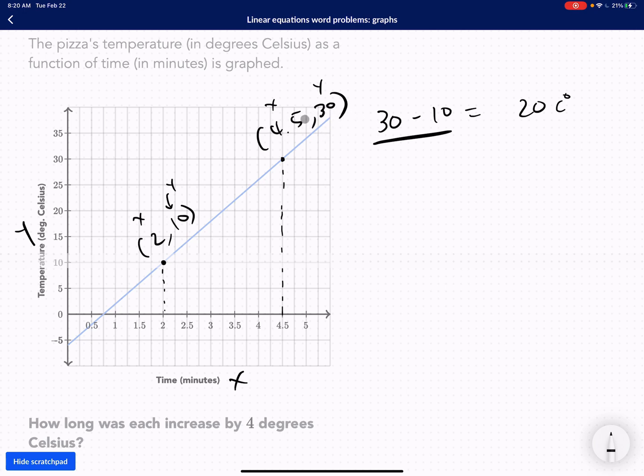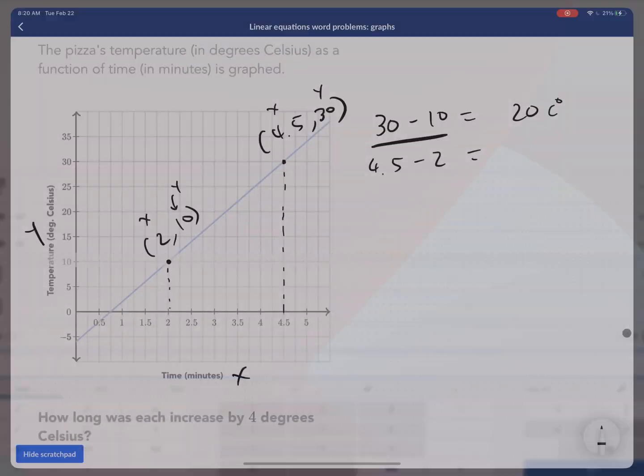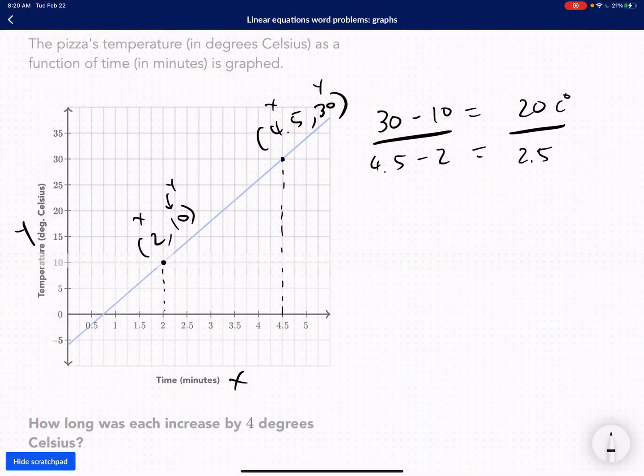And then my run, or how much time has passed, is from 2 minutes to 4.5 minutes. We just subtract, so 4.5 minus 2 comes out to 2.5 minutes.